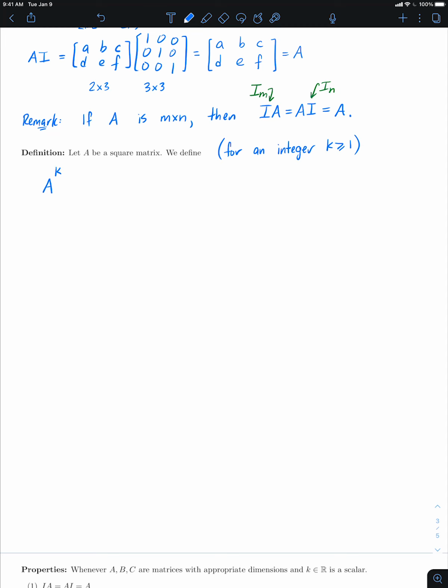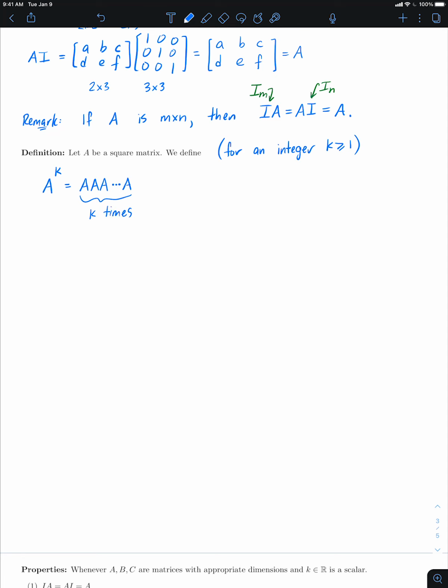Well, it's just the same sort of definition that you would use in the case of real numbers. It means just take the matrix A and multiply it by itself, k times. So you're going to have something like A times A times A, and so on. And you just keep on going, and you'll do that k times.